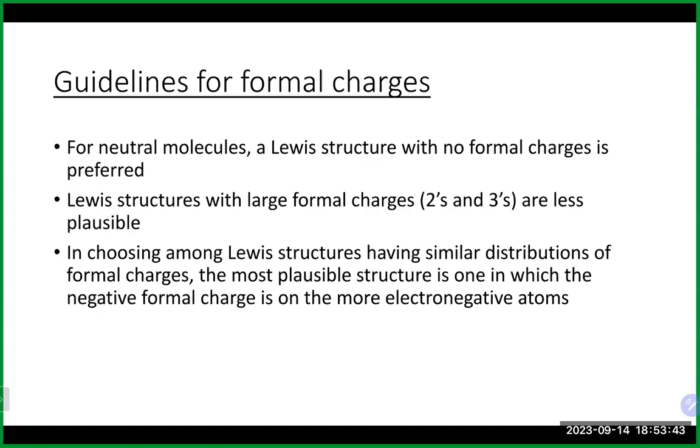And lastly, if you're choosing between two Lewis structures that have a similar distribution of formal charges, like maybe they both have -1 and +1s, you would want to choose the one where the negative formal charge ends up on the more electronegative atom, because again, the more electronegative atom should be drawing the electrons towards itself, which means in the better structure, it will have more of a negative charge because of those electrons coming towards it.